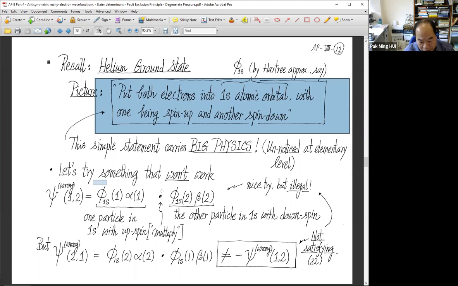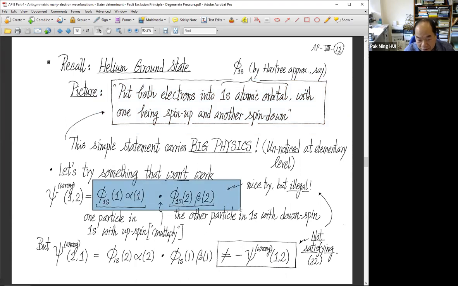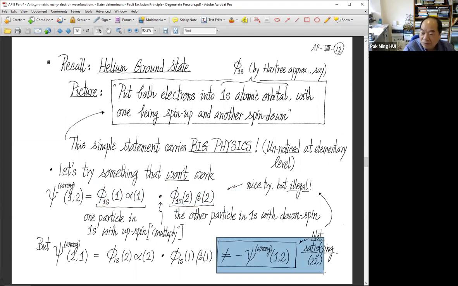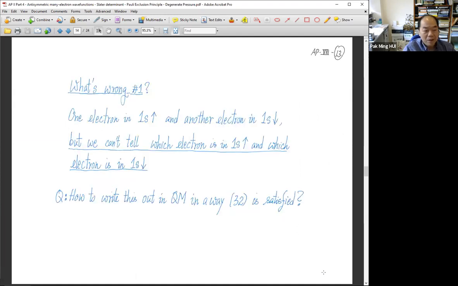So if you think it is like this, then that is not true. It's wrong. So what's wrong? Number 1. The point is indistinguishability. We are thinking about a particular one in 1s up, another one in 1s down.